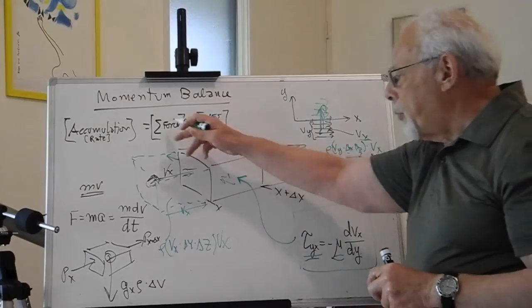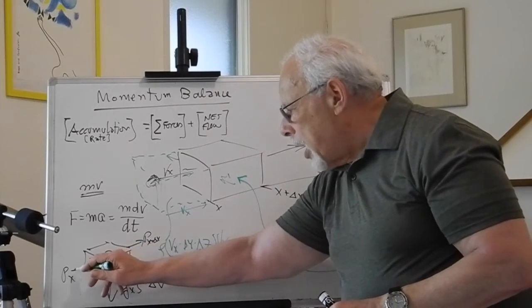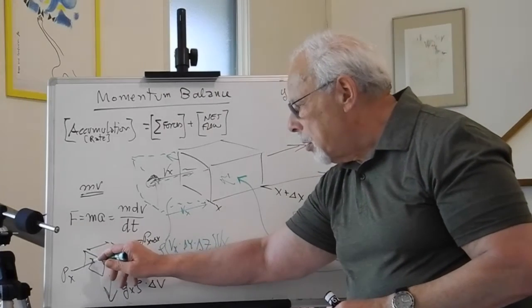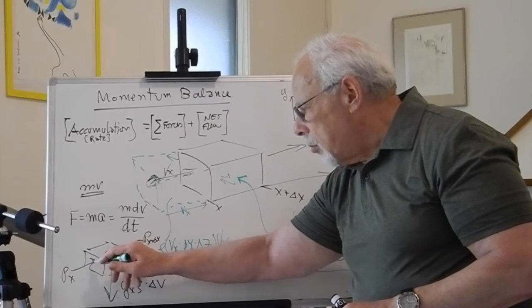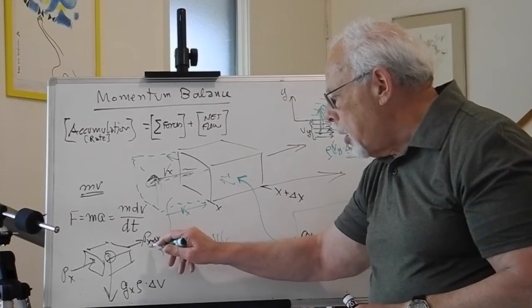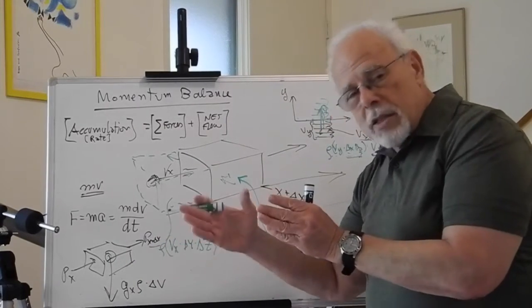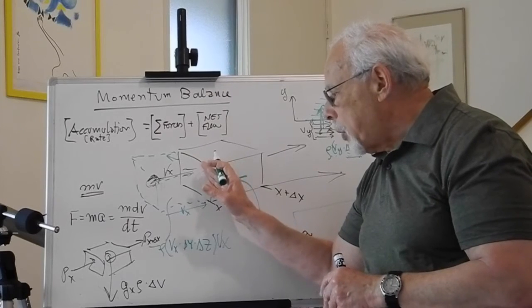What's missing? The forces. 2 types of forces. This volume has a pressure, let's say in the x direction, and a pressure at the x plus delta x, which is the other face of this volume.